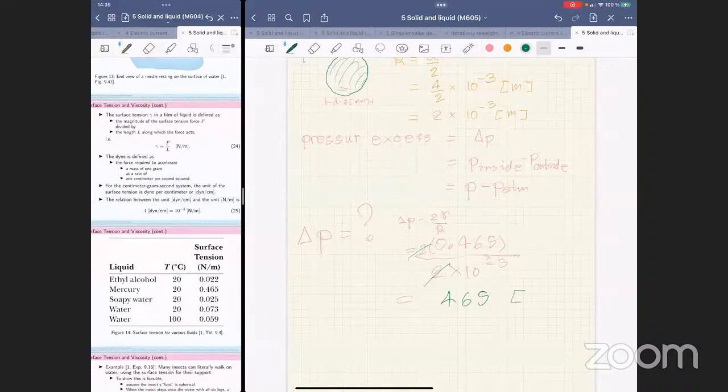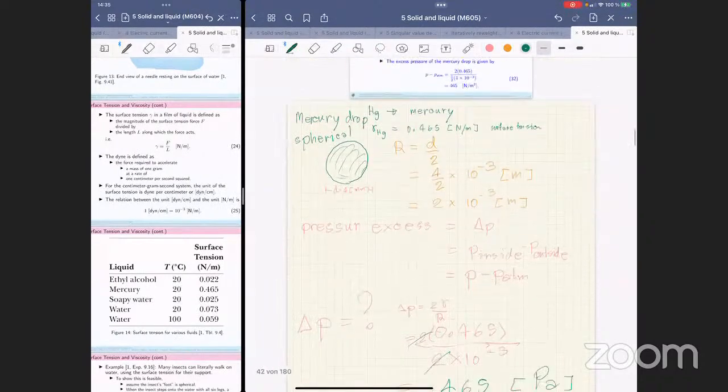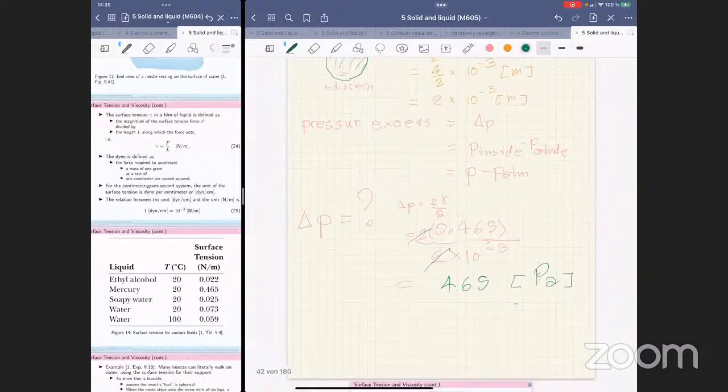The unit of pressure is Pascal, or Newton per square meter, it's the same thing. Yeah, that's it for this problem. I hope it's not difficult.